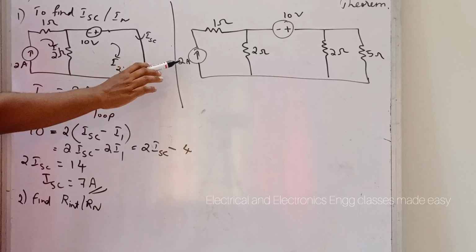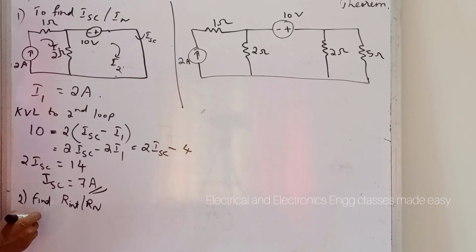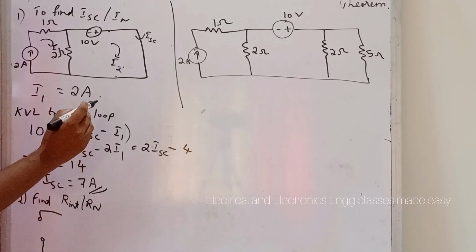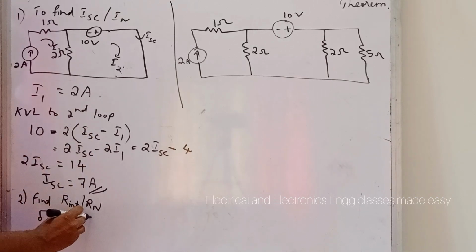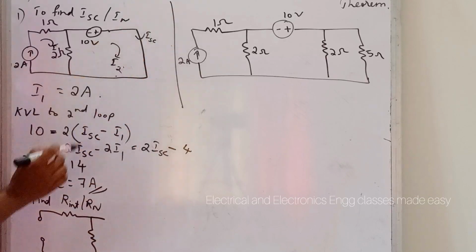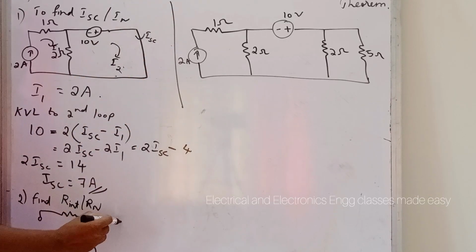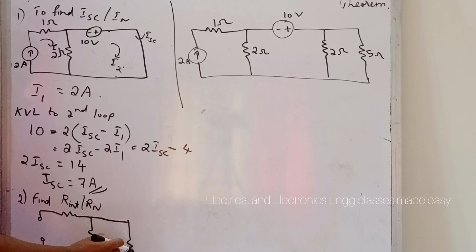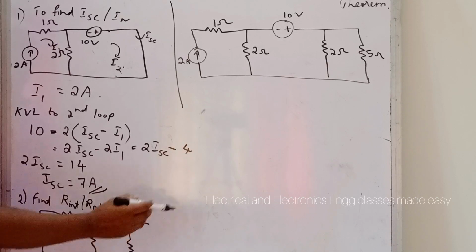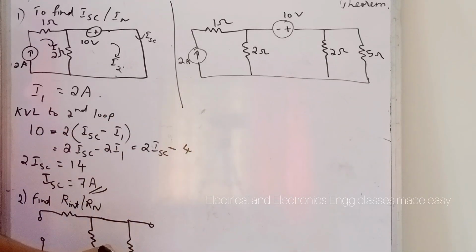For the current source, we have to open that current source, then 1 ohm resistor, 2 ohm resistor, then for the voltage source, short circuit it, then here 2 ohm resistor, then here the 5 ohm resistor we have to remove and find R internal.